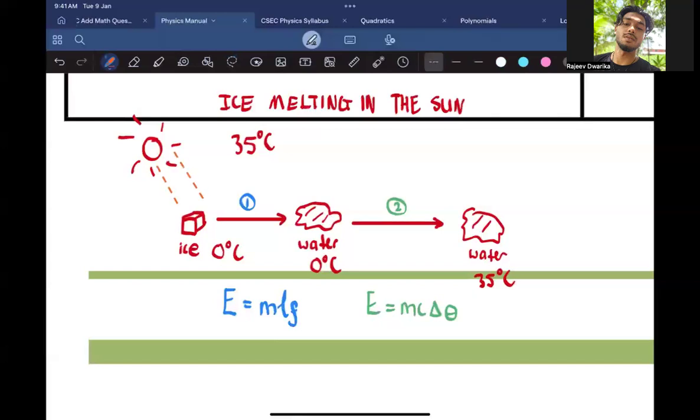So the sun rays hit the ice cube, hit the water, and eventually the water will turn to 35 degrees Celsius.